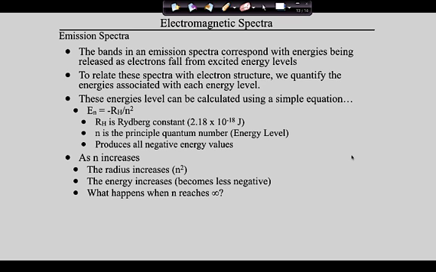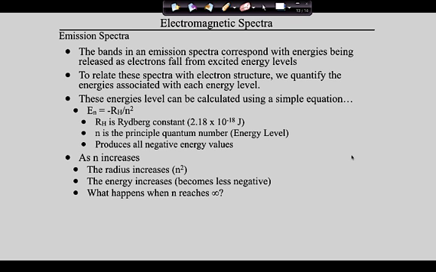But guys, with that true, we know that as n goes up, the radius increases. We know that the energy increases, but again, it increases by becoming less negative. Negative 100, negative 25, negative 11, whatever it was. You remember the progression. And again, what happens when n goes to infinity?